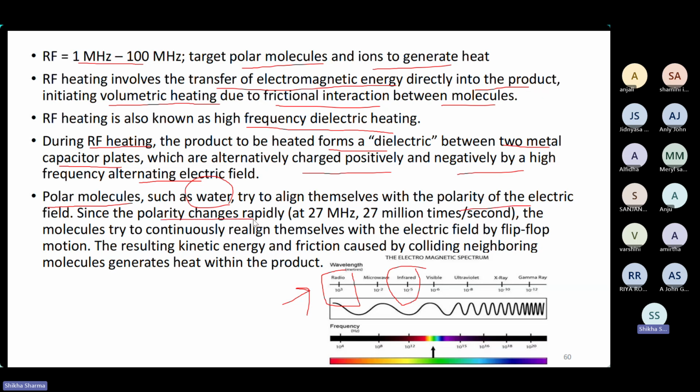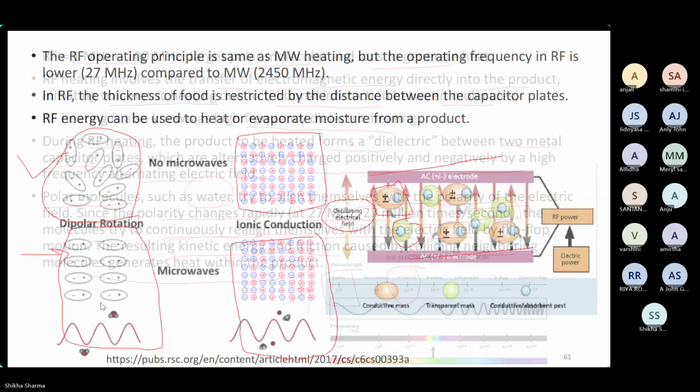Since the polarity changes at 27 megahertz, like 27 million times per second, the molecules will try to continuously realign themselves with this high frequency electric field by a flipping and flopping motion. The result is high kinetic energy and friction, because of colliding neighboring molecules, which generates heat in the food product.